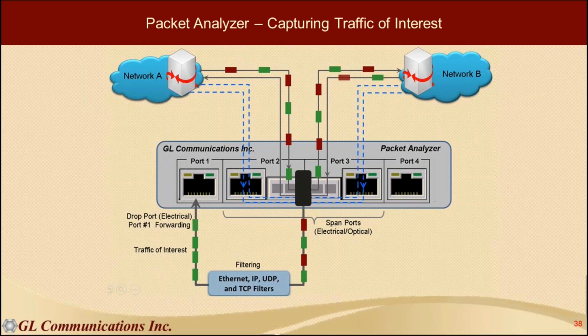They flow from port 2 over to port 3, and from port 3 back over to port 2. Whenever they meet the criteria, the filter that we have set, they are sent to the drop port, port 1 in this case, and then forwarded over to our event data logger.